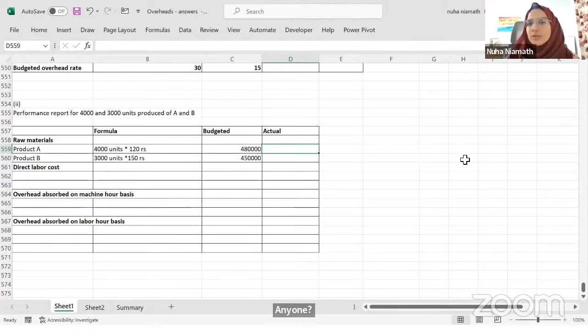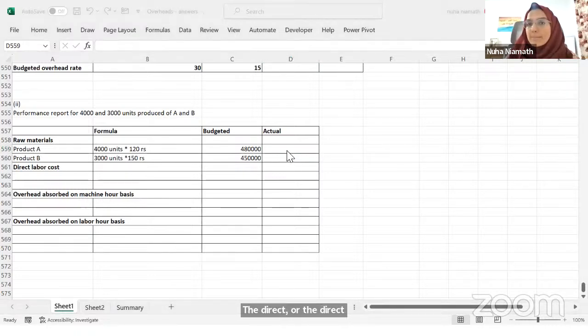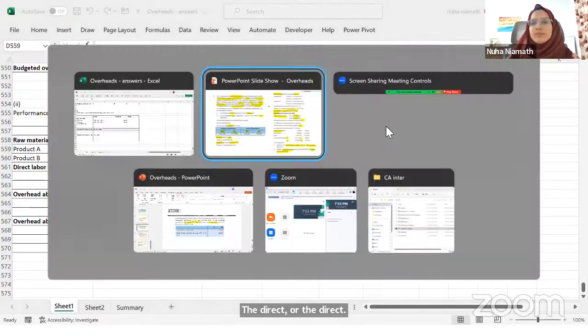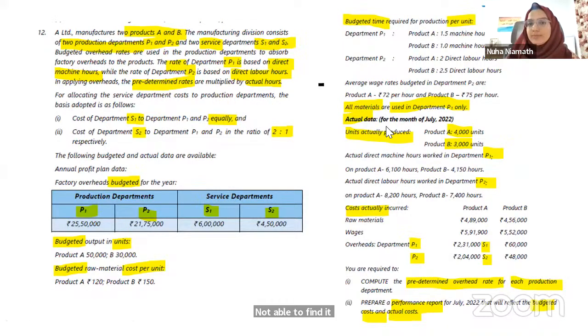You just have to read it out from the question. The direct wages, direct material. Not able to find it? It's here, right? Raw materials. 4,89,000 and 4 lakh. This is the actual cost. Everybody is aware, right? This is the actual cost and we are comparing it with the budgeted costs.